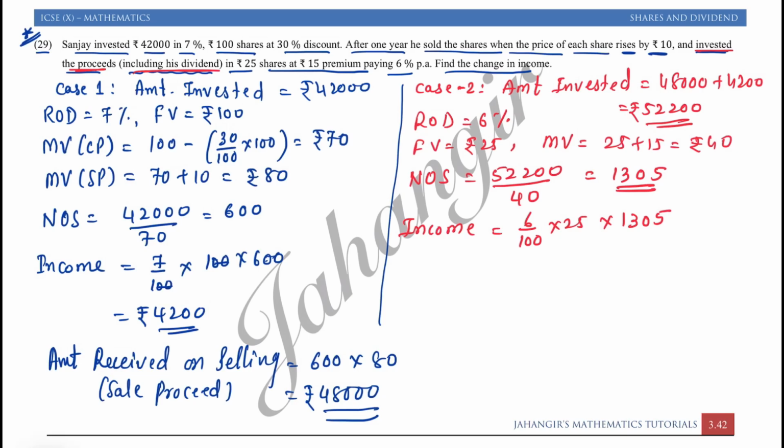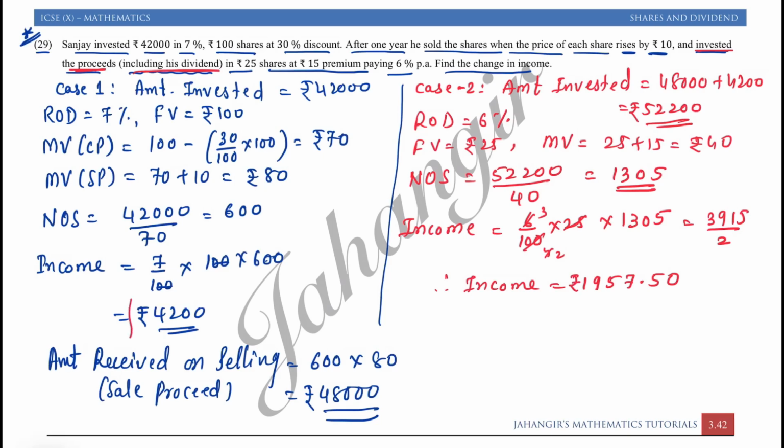Cancel out: 25 ones are 25, 25 fours are 100, 2 threes are 39, 3915 upon 2. Therefore income is equal to 1,957.50.